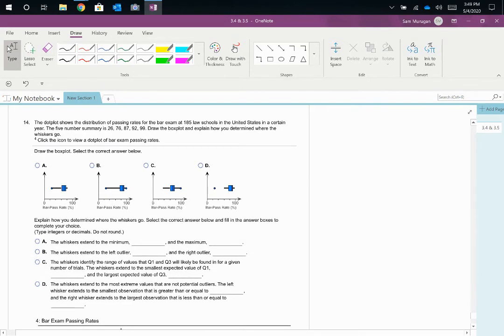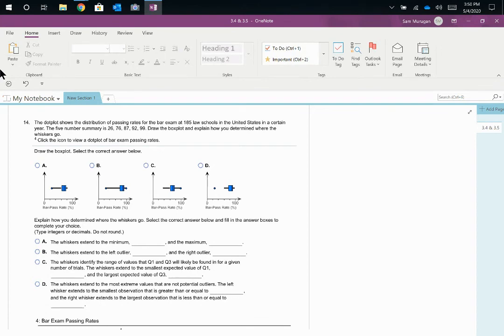All right, finally, question 14. Okay, the dot plot shows the distribution of passing rates for the bar exam at 185 law schools in a certain year. The 5 summary numbers, 26, 76, 87, 92 and 99, draw the box plot.